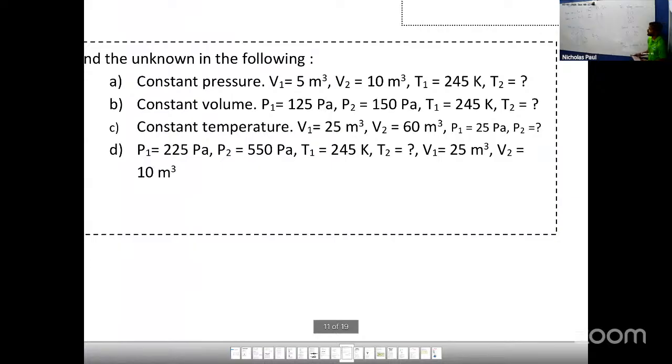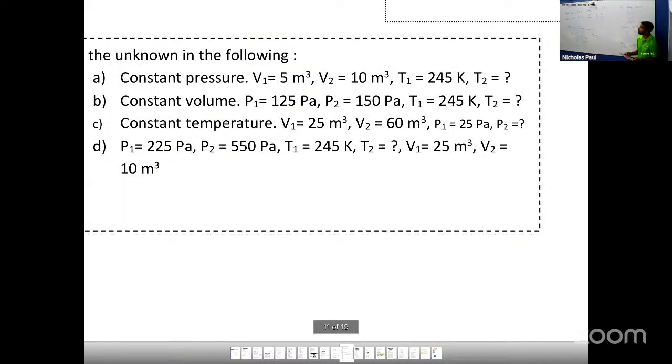Try them fast. What's the formula you're using in part A? Whose law are you using in part A? Charles' law. Okay, good. Hurry up.